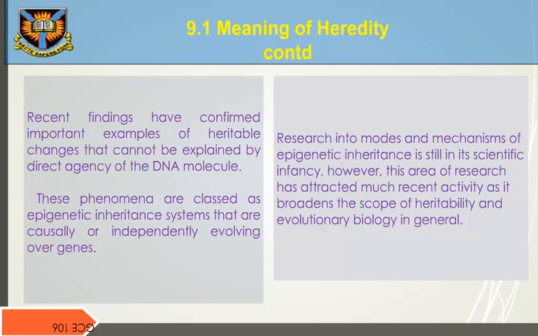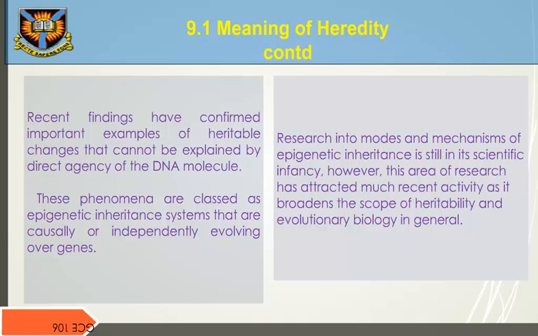Recent findings have confirmed important examples of heritable changes that cannot be explained by direct agency of the DNA molecule. These phenomena are classed as epigenetic inheritance systems that are causally or independently evolving over genes. Research into modes and mechanisms of epigenetic influence is still in its scientific infancy.